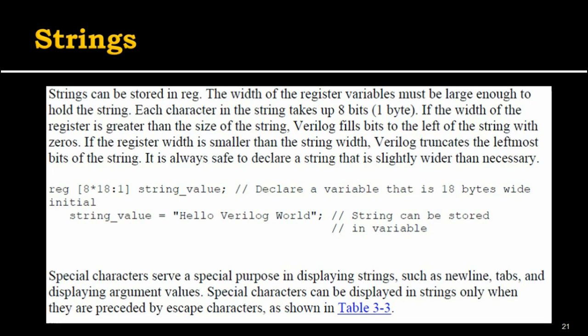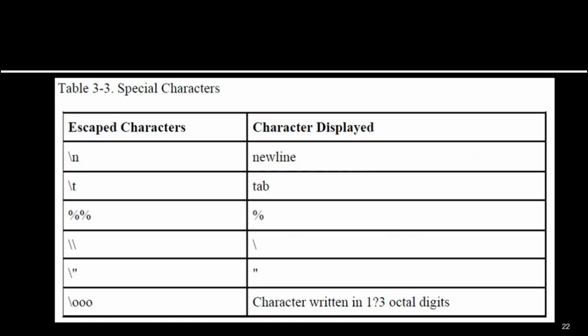The string value is assigned to the register, with the range defined. After that the string value equals Hello Verilog world, defined in double quotation marks. Special characters serve special purposes in displaying the string, such as new line, tabs, and displaying argument values. These are some special characters along with the escaped characters.